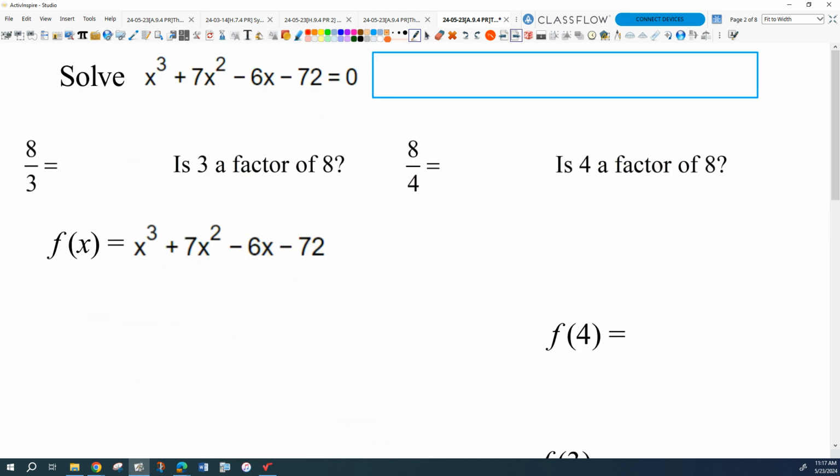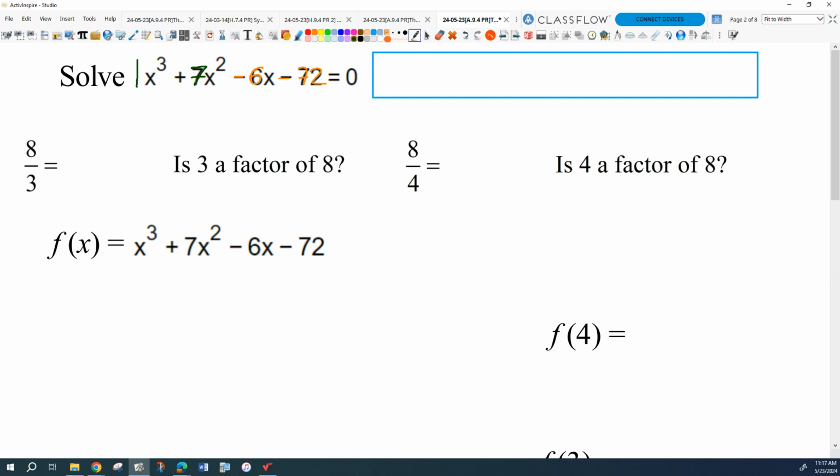Let's try another one. If we tried to solve this polynomial equation, is grouping going to work? Thumbs up or down? Down is right. It's not going to work. Look, if I try that ratio test, I get 1 and 7 as my first two coefficients, and then negative 6 and negative 72.